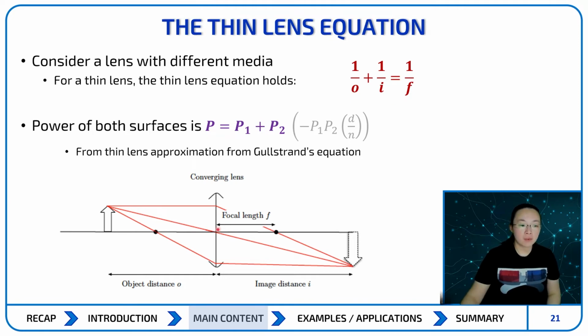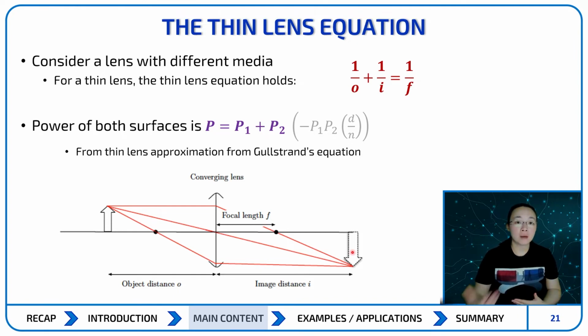So let's say I have my converging lens here, and if it's converging, it's going to be a convex lens. I have an object here, and I have some incident light coming towards my converging lens. I have a focal length f, where this light is going to go past the focal point and keep extending. Wherever all of these refracted beams intersect, you're going to get an image behind the lens.